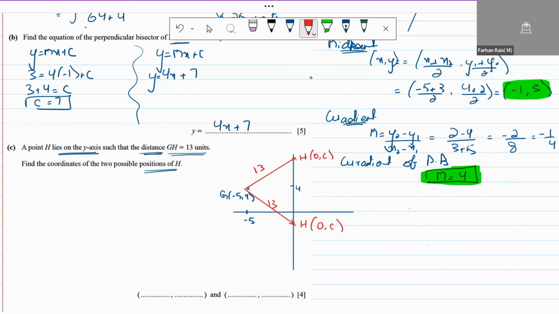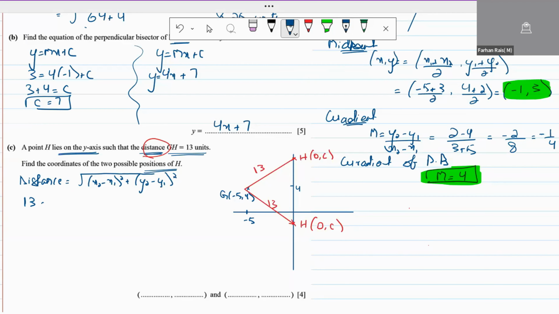Since a distance is given, we'll start with the distance formula. The distance formula is the square root of (x2 minus x1) whole square plus (y2 minus y1) whole square. The distance is already given, which is 13.